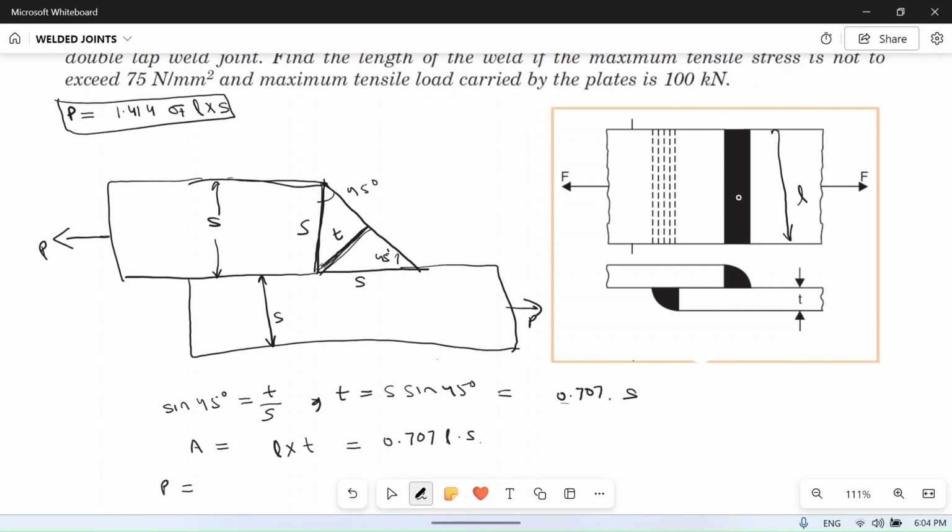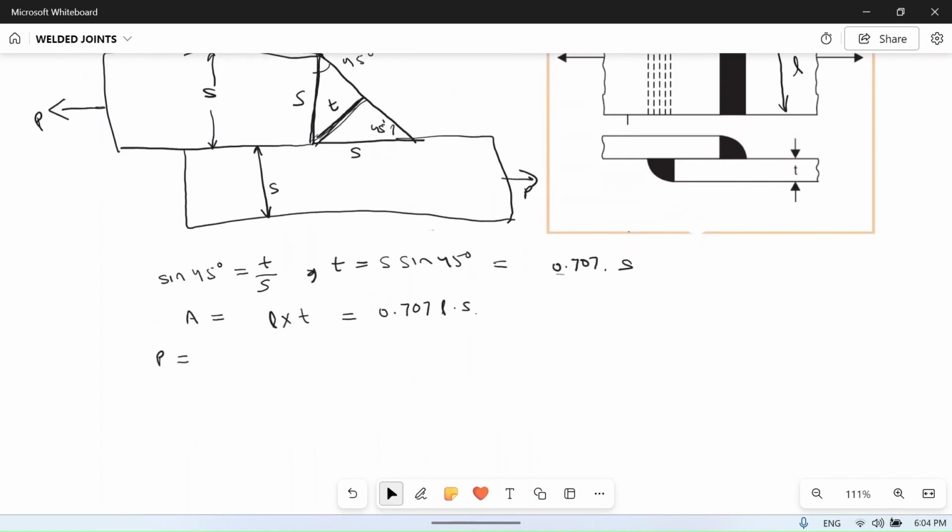This joint is under tensile load, so strength will be equal to maximum allowed tensile stress into area, so it will be 0.707 L S into sigma T.